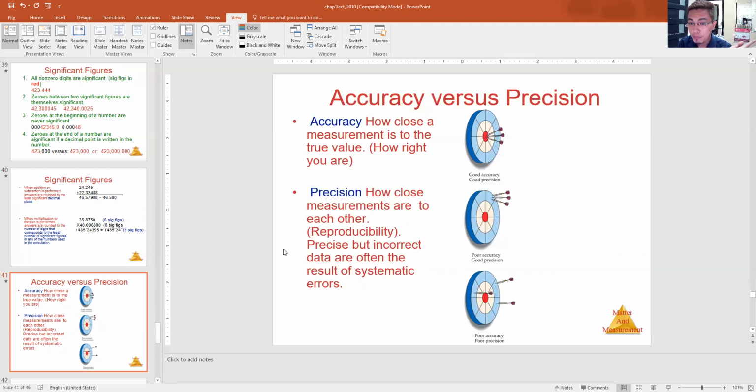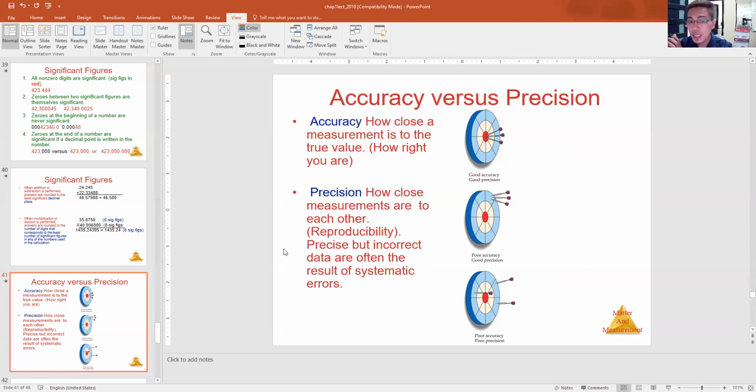Back to accuracy and precision. Accuracy is how close a measurement is to the true value. So for example, here is a dartboard. The aim on the dartboard is the center. So our data should be how close the darts are to the middle, to the red. That is the aim of the dart game.